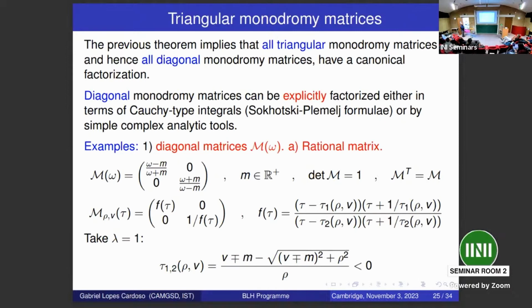And this function f of tau will have zeros and poles given by these expressions here. Now, for concreteness, let me take the case where lambda is 1. Lambda equals 1 means that both rho and v are space-like, for concreteness. Now, this is what you would like to factorize. So now you will pick a contour gamma, and then canonically factorize this with respect to that contour gamma.